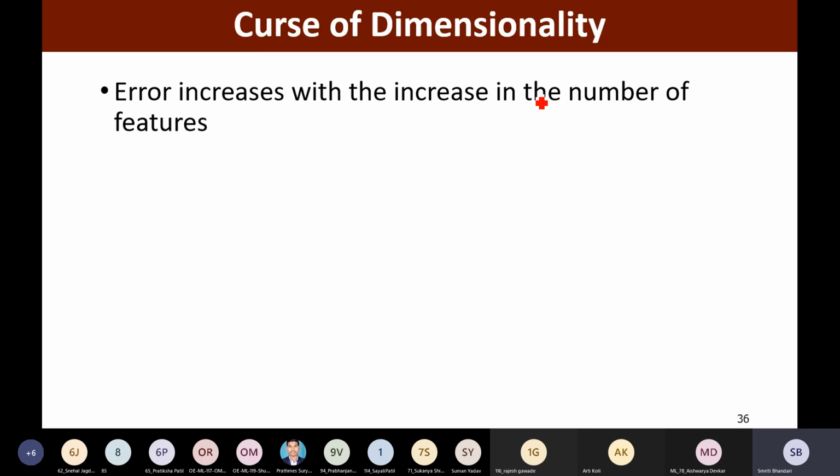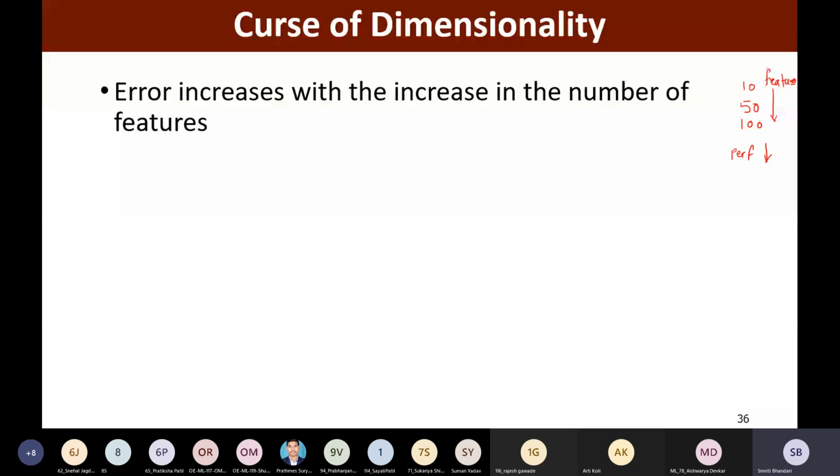Error increases with the increase in the number of features. If, for example, I have 10 features or 50 features or 100 features, as I go on increasing the number of features, sometimes my performance decreases. So an increase in the number of features may result in a decrease in the performance of the algorithm.